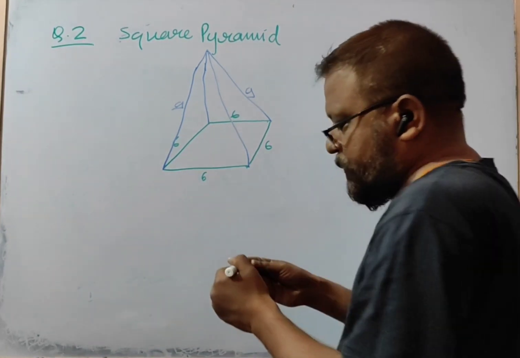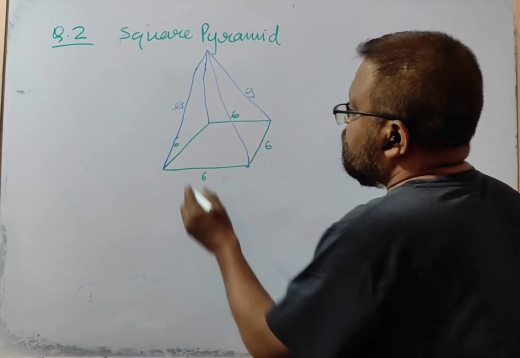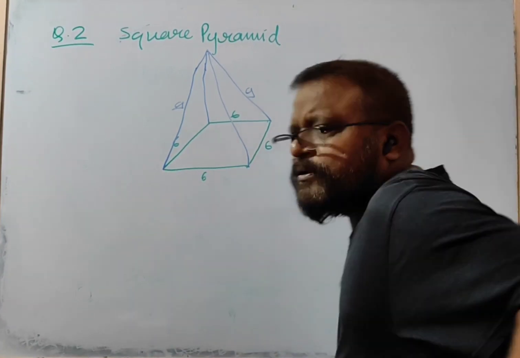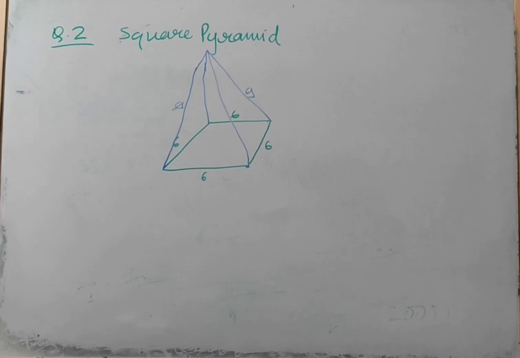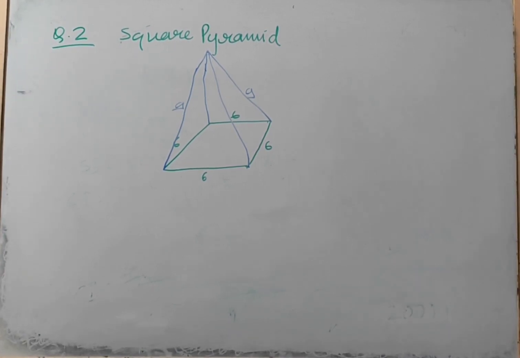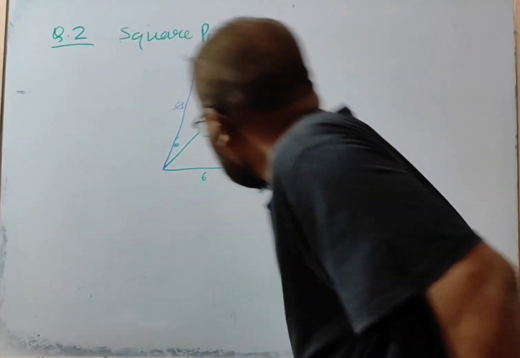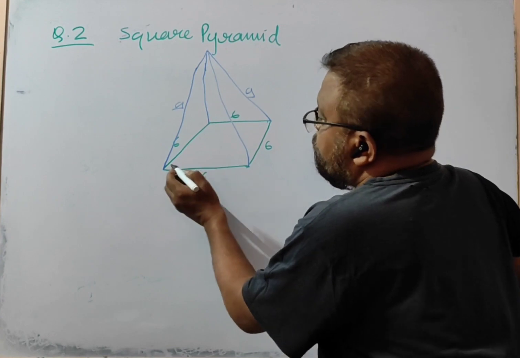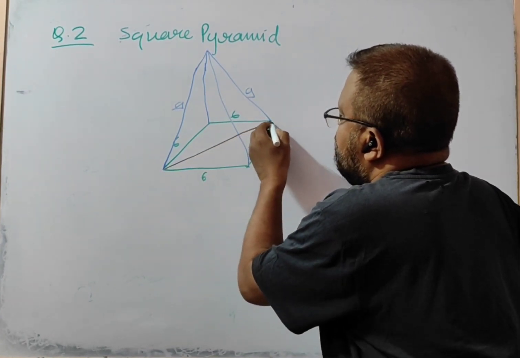And there is one edge not visible. Okay, this is the diagonal of a square, right?